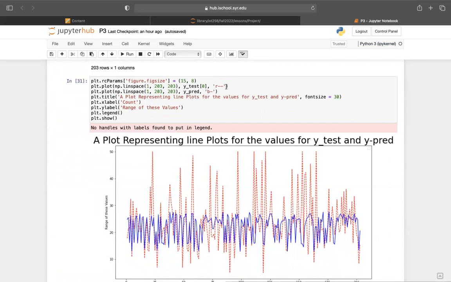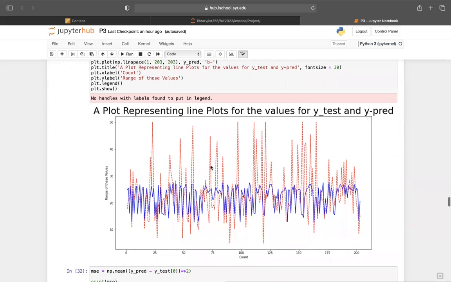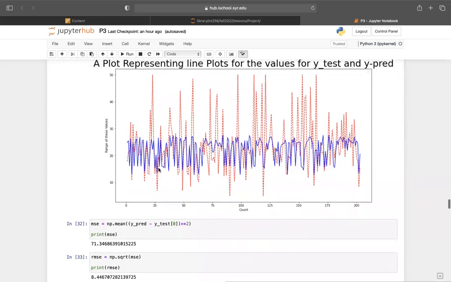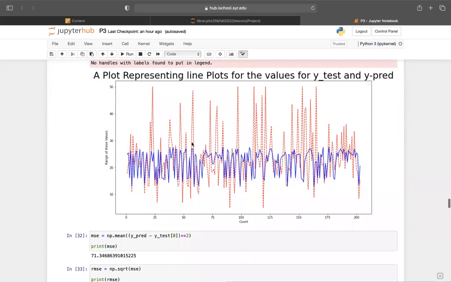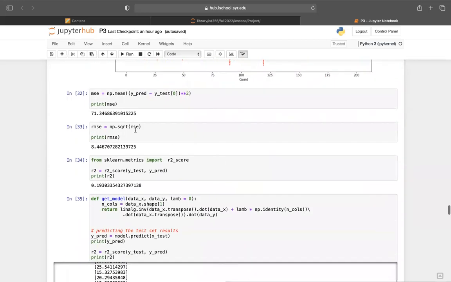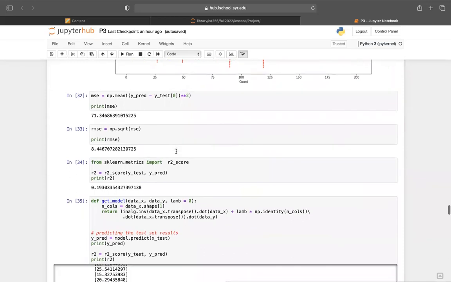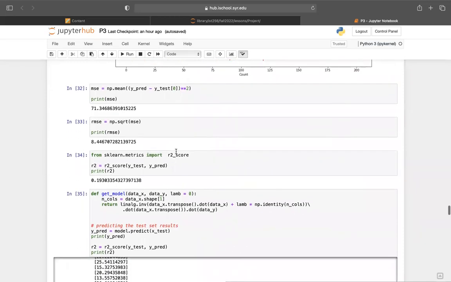This red one is the Y test and the blue one is the prediction. We can see it is a little bit far, but reasonable. Then we go into the MSE, RMSE, and R2, which are the three measures for our model to see if our model is good enough.